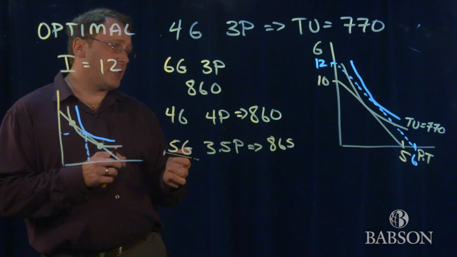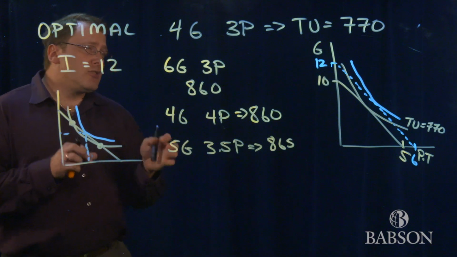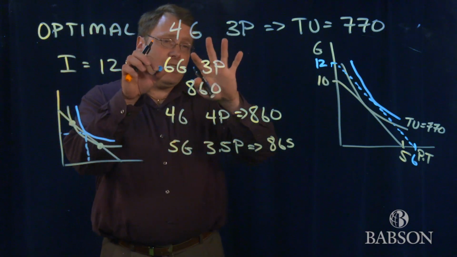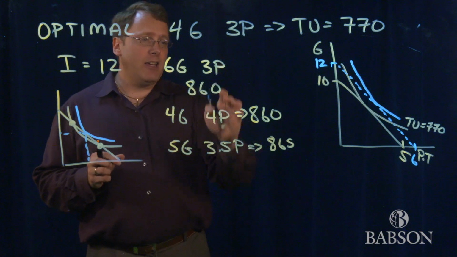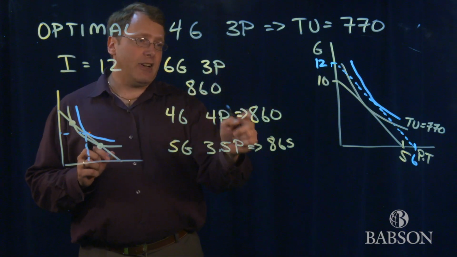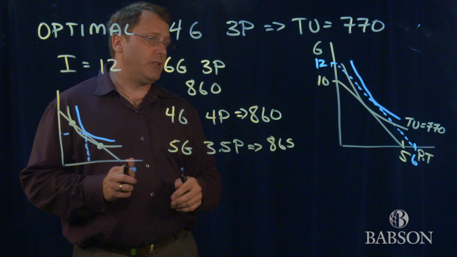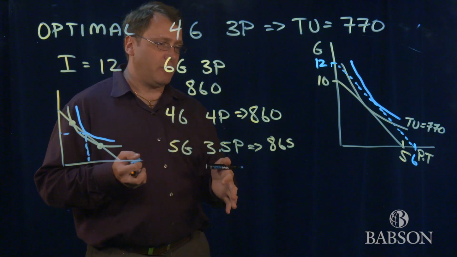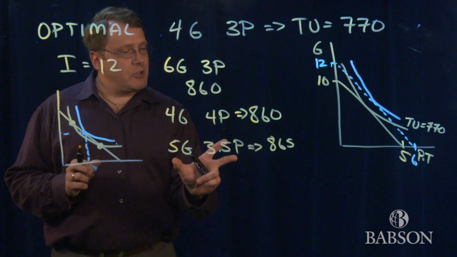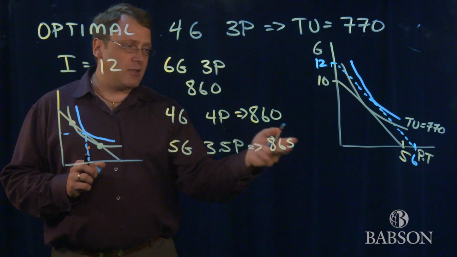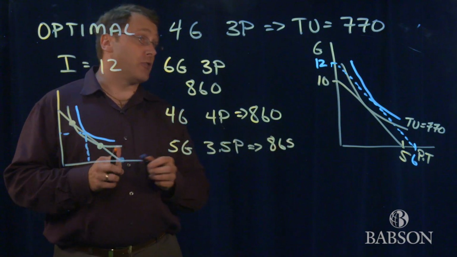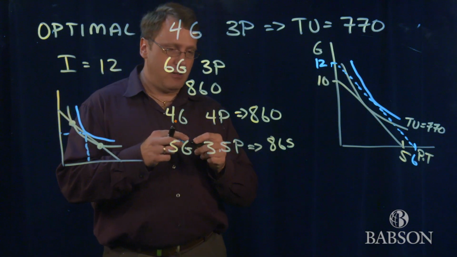And that actually shows us that the person's better off. So what we see is as we increase income, the consumer can decide how to spend that. And in the first case, they're actually equally well off. They're indifferent between those two. They're on the same indifference curve. But if we allow the opportunity to spend fractional units, like half of a Pop-Tart, the consumer can make himself or herself better off as a result of that.